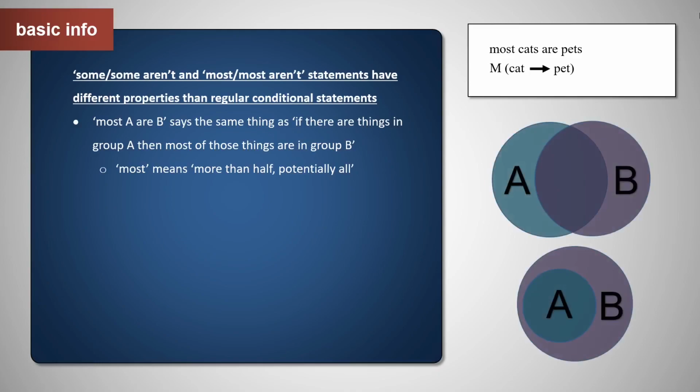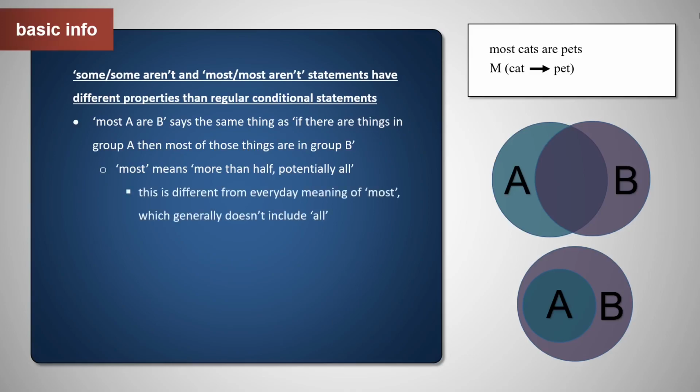And so a way of visually representing that is, once again, we've got these two overlapping circles, and what we see here is just that the area of the overlap has to be bigger than the area that is not overlapping in the A circle. Because if you're saying that most A are B, what you're saying is that when you divide A, most of the things in A are going to also be in group B. So we have that intuitively in the top circles, but it's also saying the same thing in the bottom ones, because like I said, most can include all.